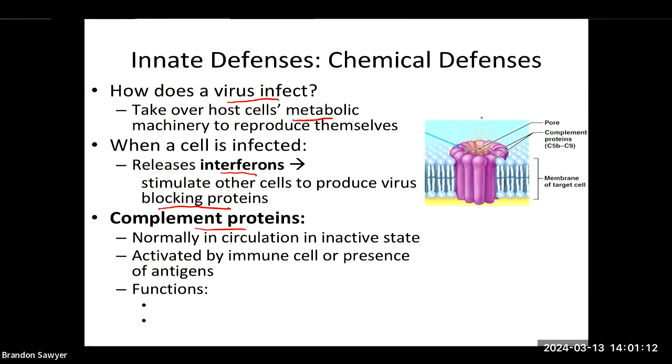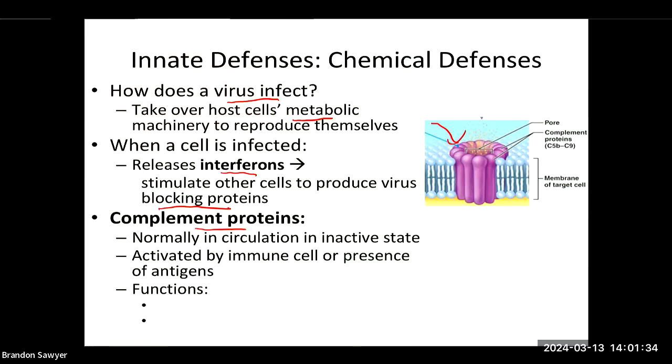And then another thing that happens is complement proteins. Okay, we'll talk about complement proteins a little bit more when we talk about antibodies as well. But these, again, are just part of our proteins that are floating around the blood at all times. But just like our blood clotting process, if we activate one of those, then it starts this whole cascade and eventually creates these little proteins that will circle up like this and poke a hole in cells, right?